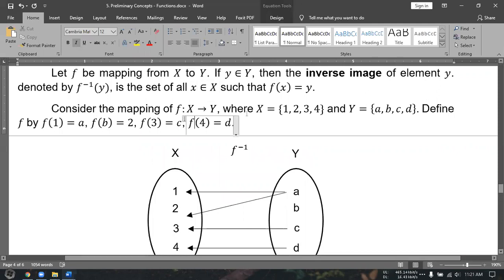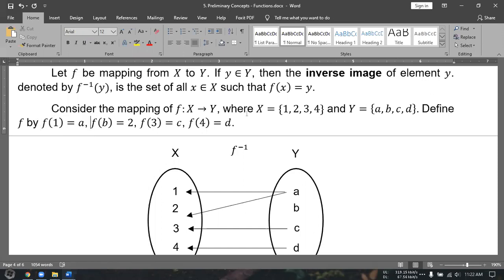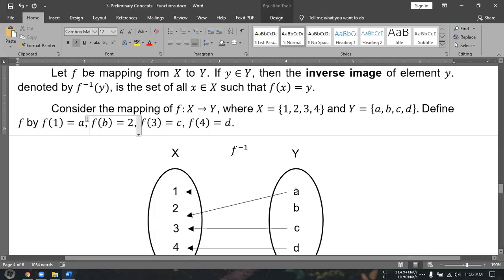We have f of 1. Paano kaya? Define f by f of 1 is equal to a, f of b is equal to 2, f of 3 is equal to c, f of 4 is equal to d.